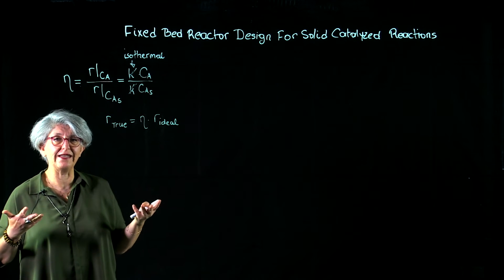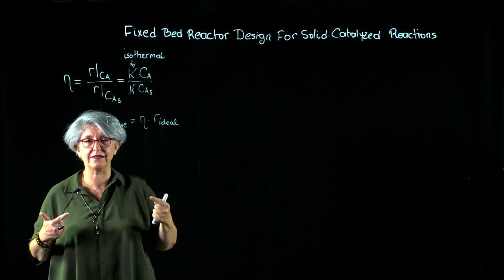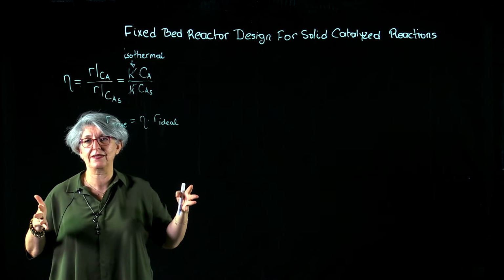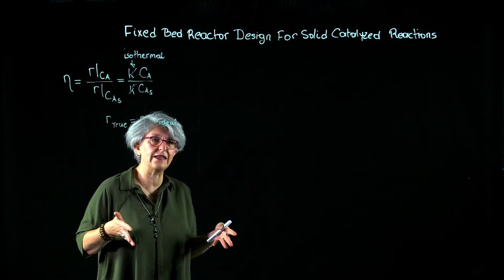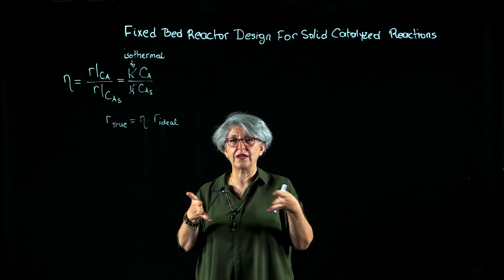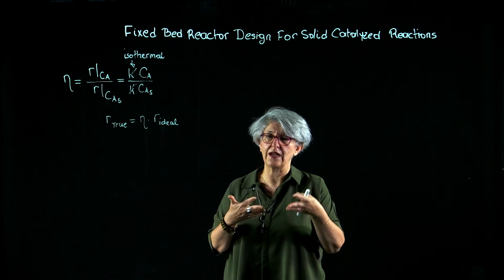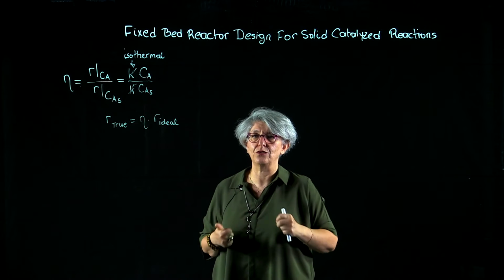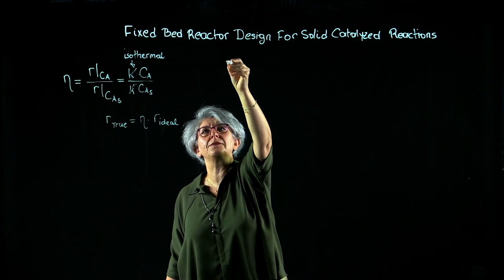Now let us take a packed bed reactor or a fixed bed reactor, where the solids are fixed within the reactor bed, and let's see how those solids interact with the fluid going around them. The solids are our catalysts, and the fluid is our reactant, and also our product. Now this is our packed bed.